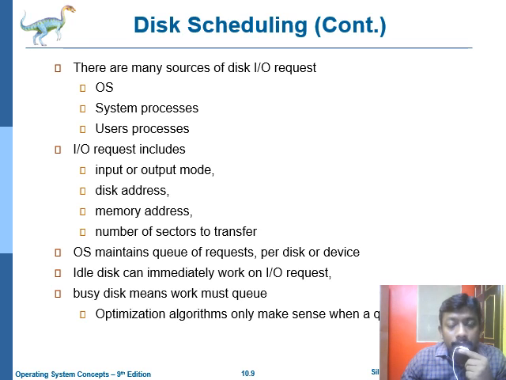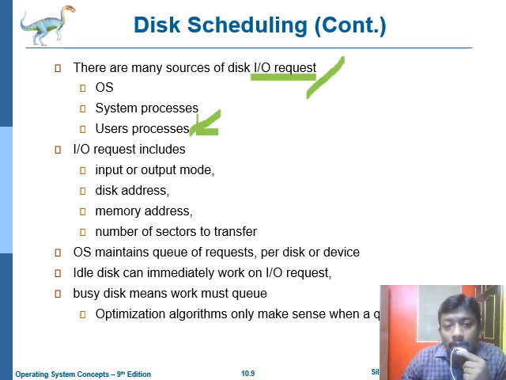So disk scheduling. There are many sources of disk input output requests. Say for example, I want to save a file in a particular folder on a hard disk, so that is also an input output request. We can consider that scenario as a user process.